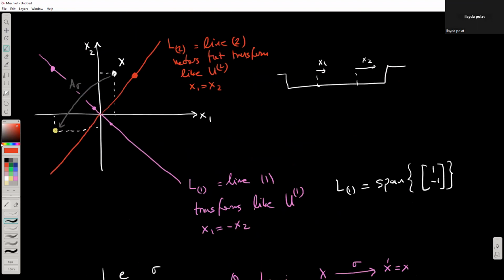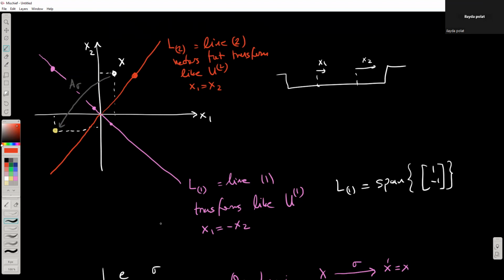By using this, you can easily compute how this point transforms. Sorry, I think I didn't draw this correctly, but this distance should be exactly the same as that distance, and this distance and that distance are exactly the same. So in a way, this red line is the reflection line, where the vectors change sign. The pink line is the mirror line. So we are doing a reflection across this.